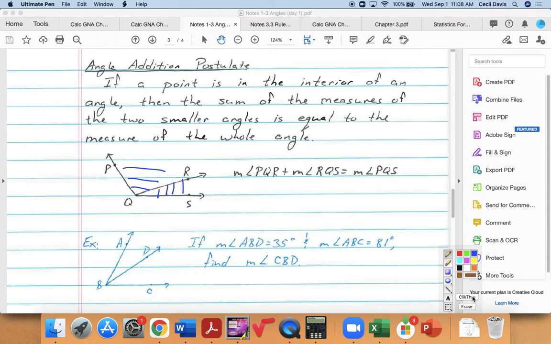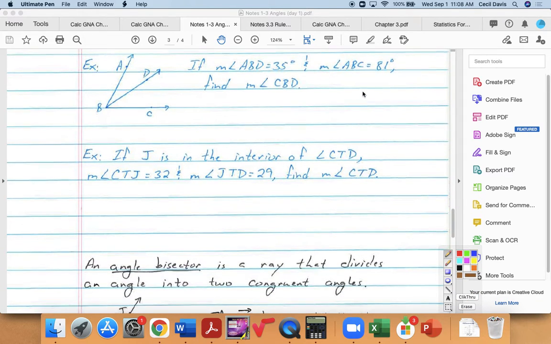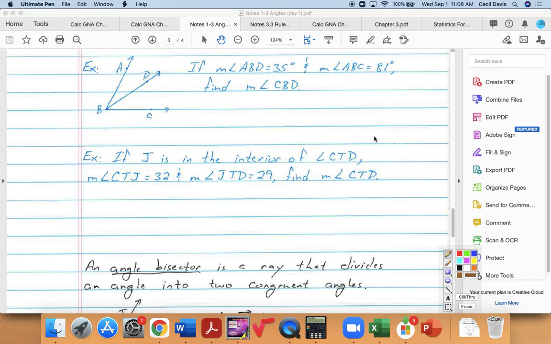All right, so let's do an example problem together. So in this diagram, it says the measure of angle ABD is 35 degrees. And the measure of angle ABC is 81 degrees. Well, ABC is the whole thing, isn't it?